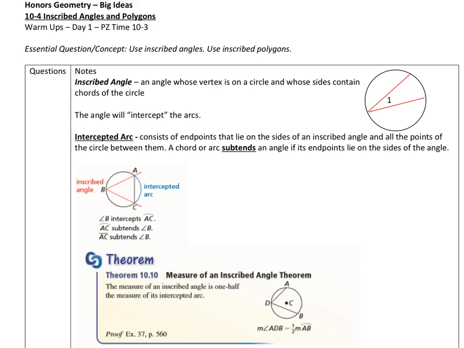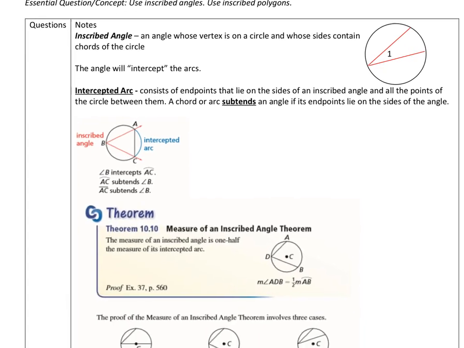And arc AC subtends angle B, and this segment A to C, the chord, subtends angle B. So that's the terminology there, subtends the angle. The intercepted arc subtends the angle, the chord subtends the angle. All right, let's move on to the next thing.